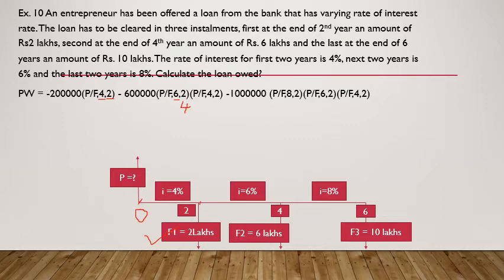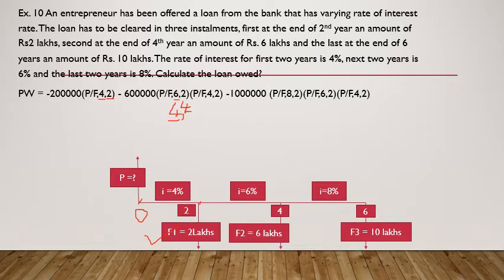Is it constant for all the 4 years? No, it is not constant for all the 4 years. If I write P by F comma 4 comma 4, what does that mean? 6 lakhs will be converted at a rate of interest of 4% for 4 years. Is that correct? No, that is also not correct, because between second and fourth year it is 6% and 0 to second year it is 4%.